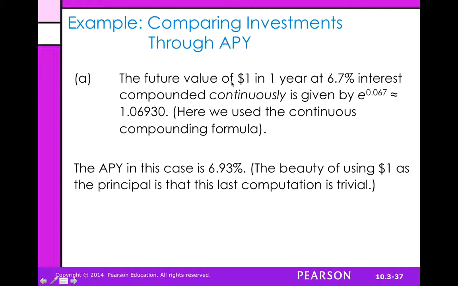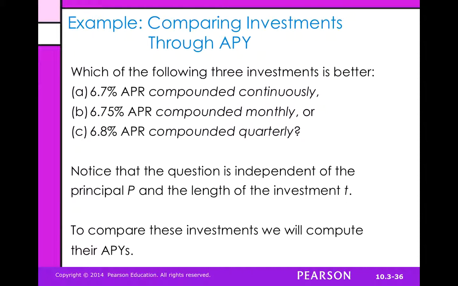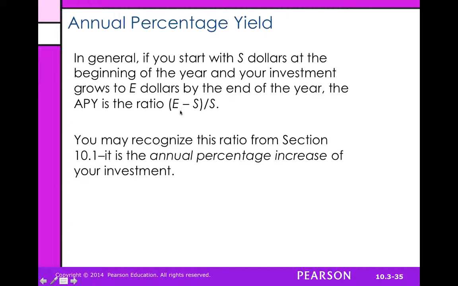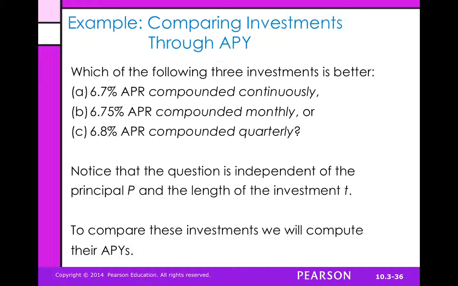If I divide that by my original investment, I get 0.06930. So in this case, the APY is 6.93%. So you can see here the reason we used $1 as the principal is that when we do this calculation, profit divided by original investment, if your original investment was $1, dividing by 1 is simple.